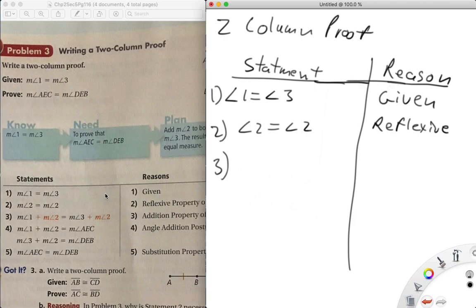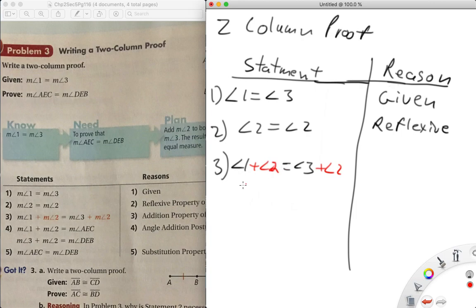The next thing we're going to do is say that angle 1 plus angle 2 is equal to angle 3 plus angle 2.